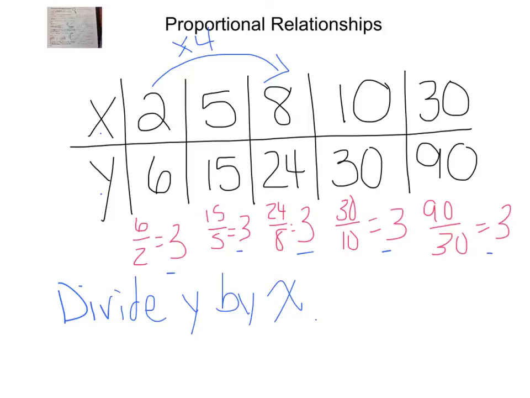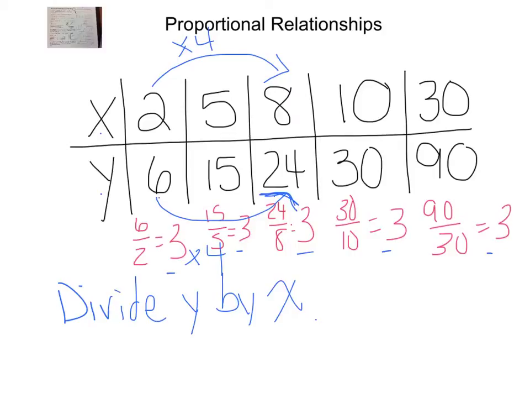Well, take a look at your y value. If we multiply our y by 4, we should also have a number that's 4 times bigger. In this case, 6 times 4 is 24. We quadrupled our numerator, quadrupled our denominator, and we know then that this is a proportional relationship.